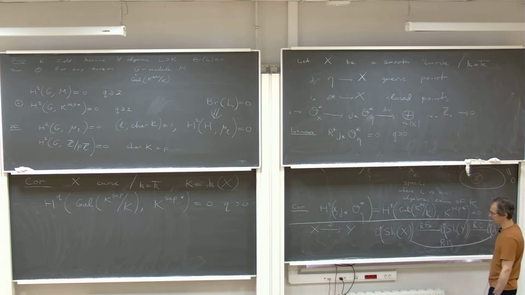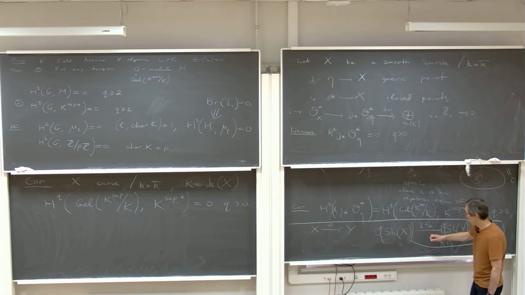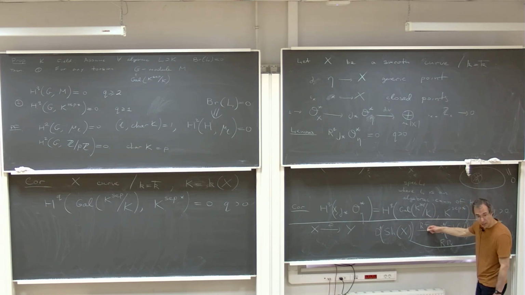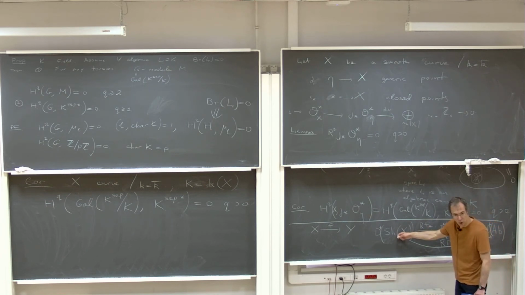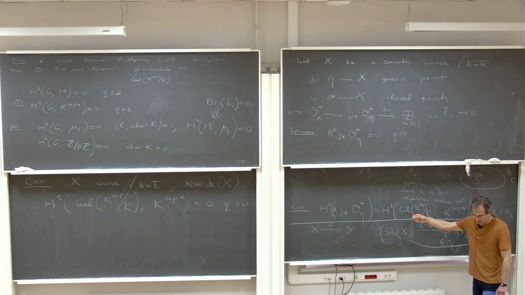Plus means that I consider the derived category of bounded-below complexes. So every element here can be represented by a complex of injective objects. The point is that this functor f_* takes an injective sheaf on X to an injective sheaf on Y. That follows from the fact that f_* has a left adjoint, which is exact.